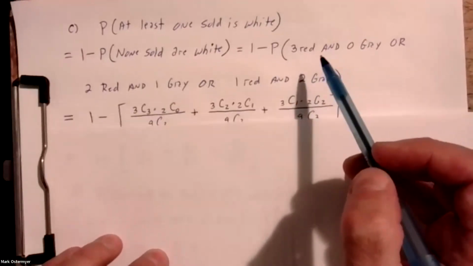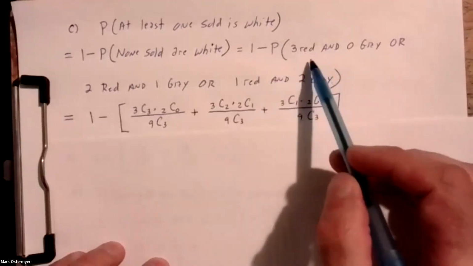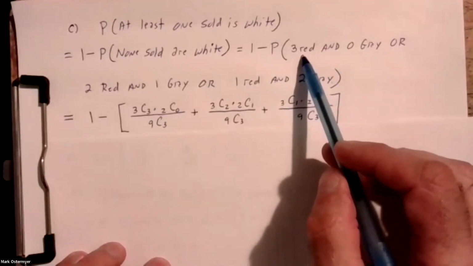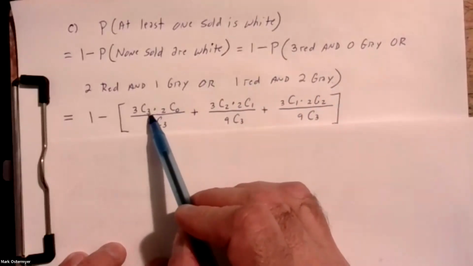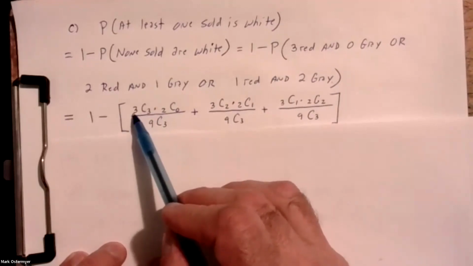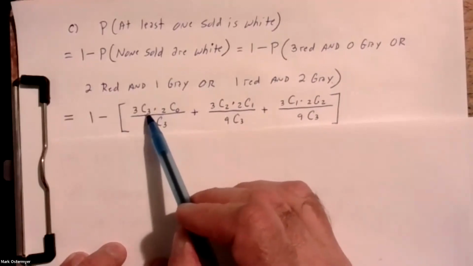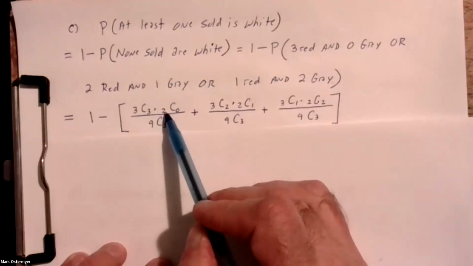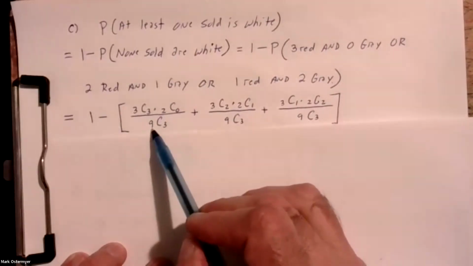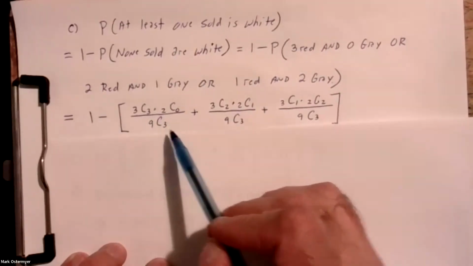So this is going to be equal to 1 minus, now, what's the probability of selling 3 red and 0 gray automobiles? Well, the number of ways of selling 3 red automobiles from 3 that we have available is 3 in combination with 3, times the number of ways of selling 0 gray automobiles from the 2 that we have available on the lot is 2 in combination with 0, divided by 9 in combination with 3.